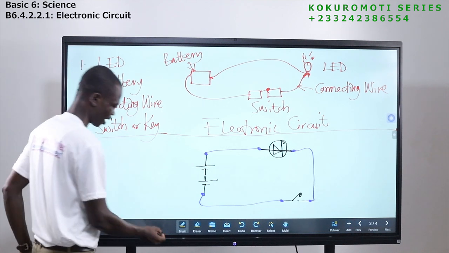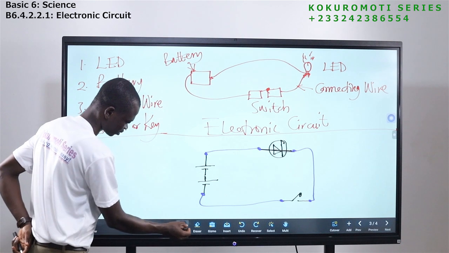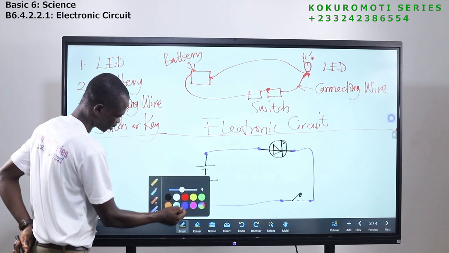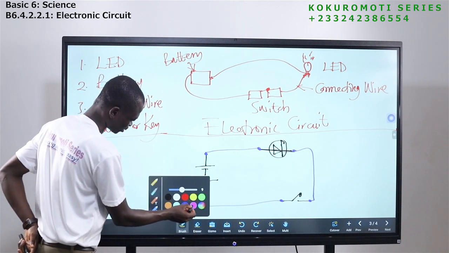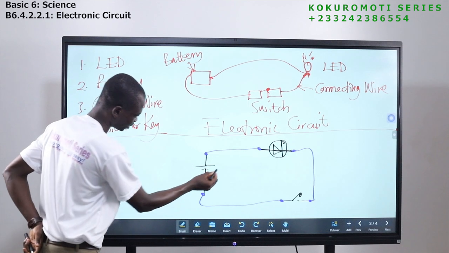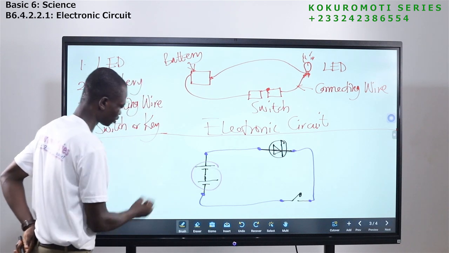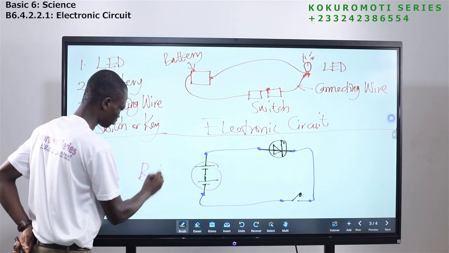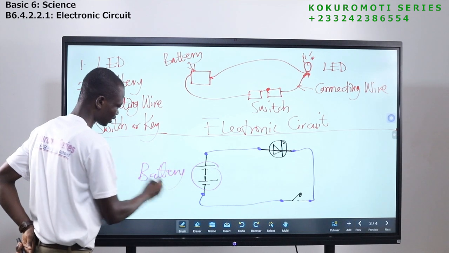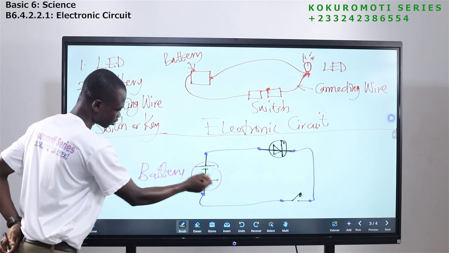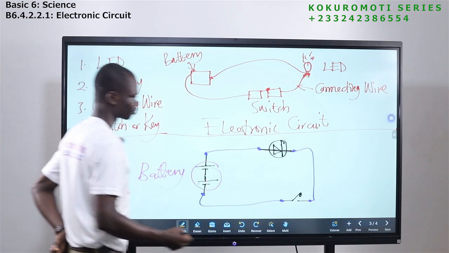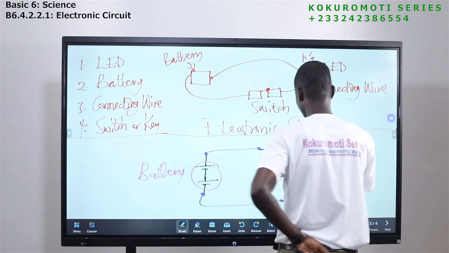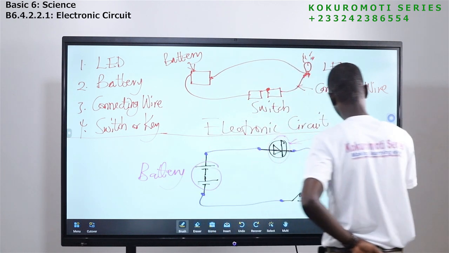Here are the symbols. Yes, so this symbol is what we call battery. It is not dry cell, it is battery because we have two dry cells here. This is also called LED.